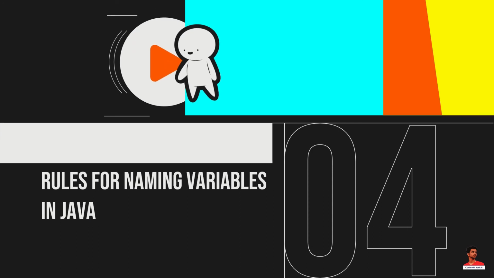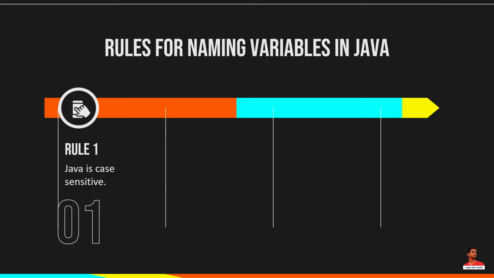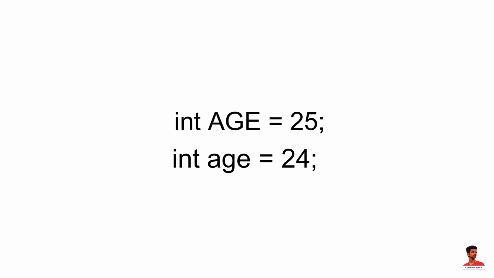Java programming language has its own set of rules for naming variables. Here are the rules you need to know. Java is case sensitive. Hence, words written in uppercase and lowercase are two different variables.